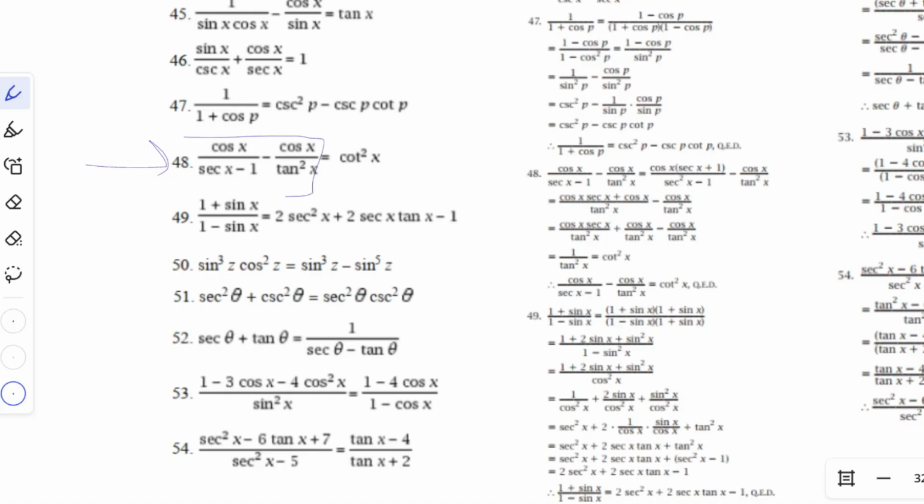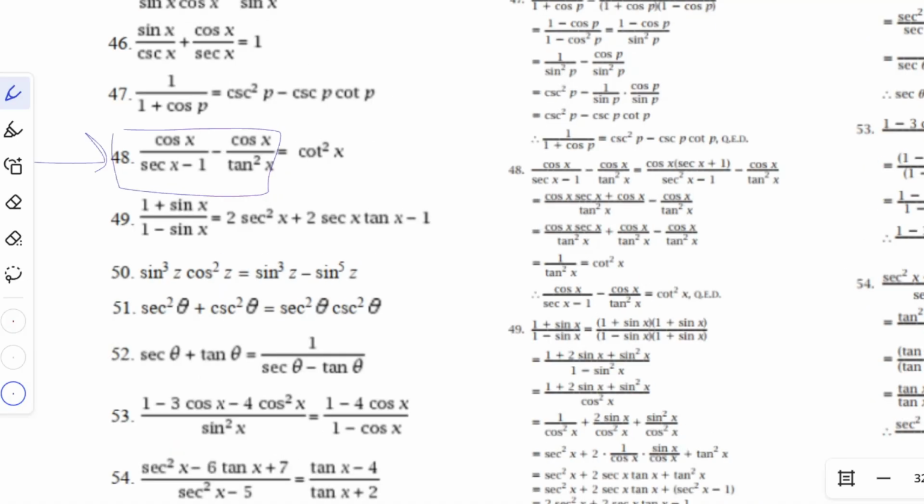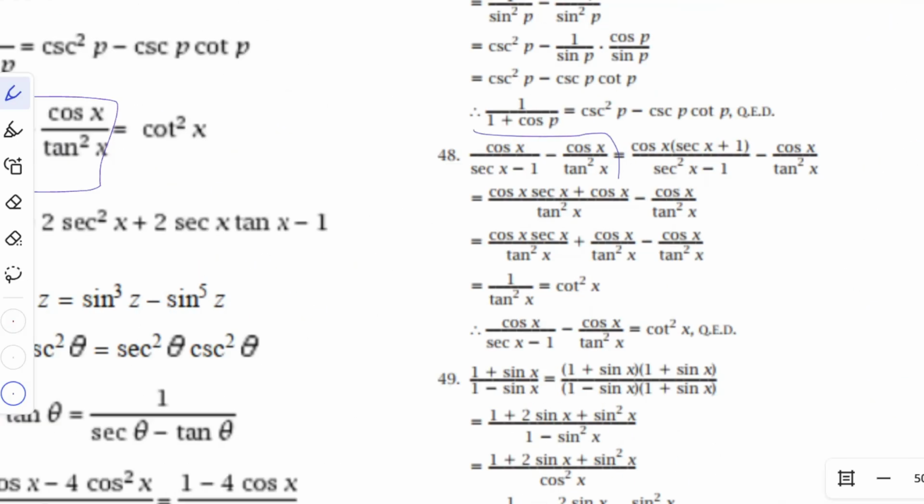So we would probably do a common denominator. So let's see what they did. So work the left side. And what? Okay, so they skipped some steps, or did they? So they multiplied this one top and bottom by secant x plus 1.